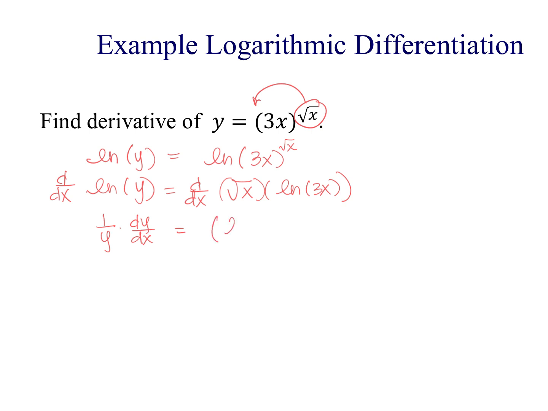So the product rule would be the natural log of 3x, and then the derivative of rad x, which is half x to the negative half, plus rad x times the derivative of the natural log of 3x, which is 1 over 3x times 3.